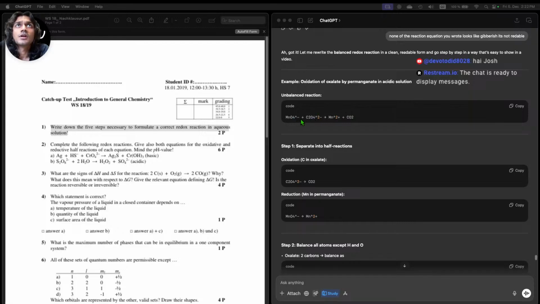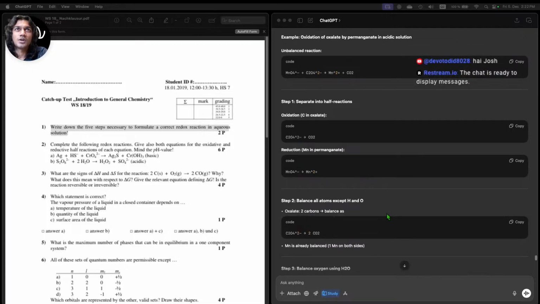Unbalanced equation: magnesium hydroxide plus C2O4 2 minus. Okay, now let's balance, separate into half reactions. C2O4 converts to CO2, so that's oxidation. Reduction: magnesium undergoes reduction. Balance the atoms.